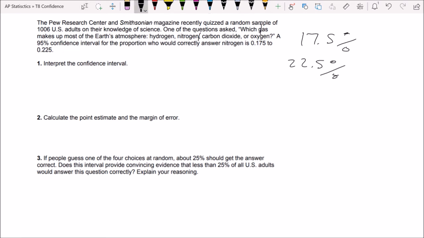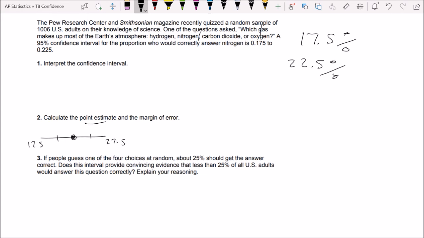A lot of times people get stuck on what the point estimate would be and the margin of error. But what you need to remember is that the point estimate is always halfway in between the 2 ends of the interval. We saw that visually when we had the circle and the little bars. These 2 bars are the same length, or if I wanted to mark them up like it's geometry, we'd mark them like that. And what that means is one of the endpoints is at 17.5, the other endpoint is at 22.5.